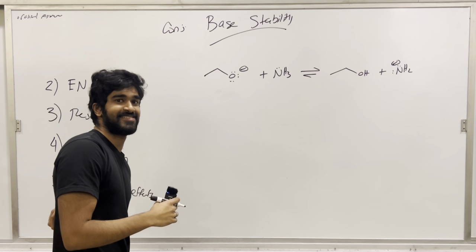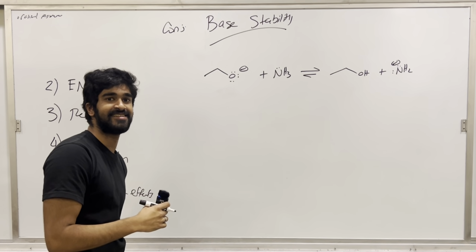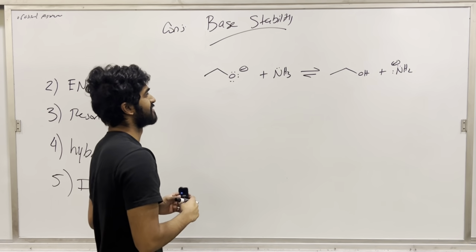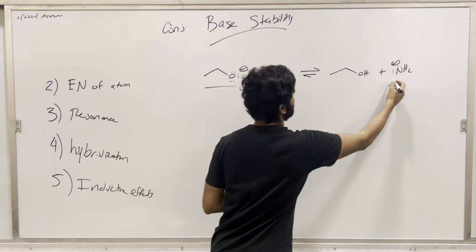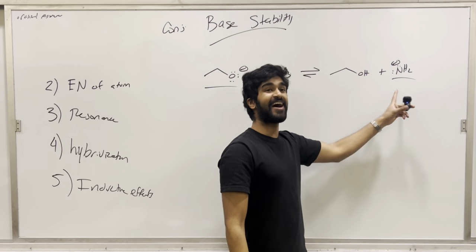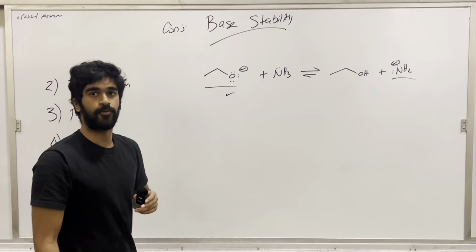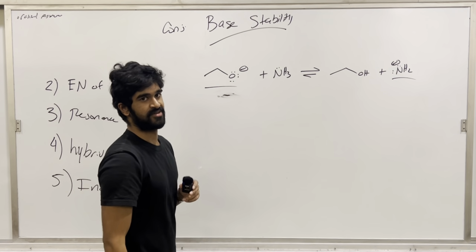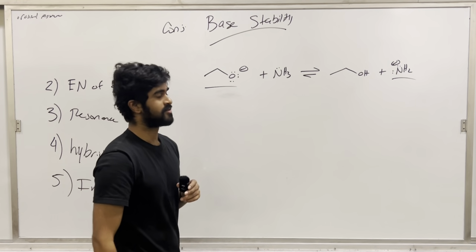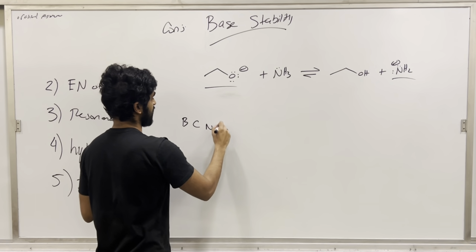Which way does it go, left or right? Come on, guys. We just talked about how ridiculously strong that is. It's going to be this guy. For what? What's bigger? B, C, N, O, F.